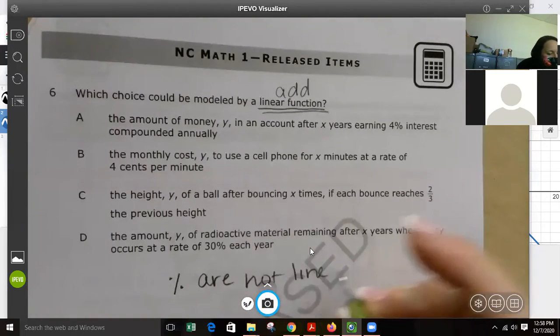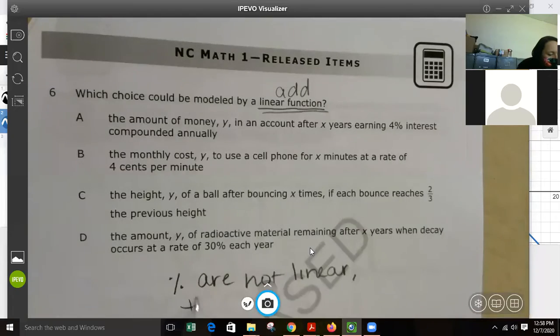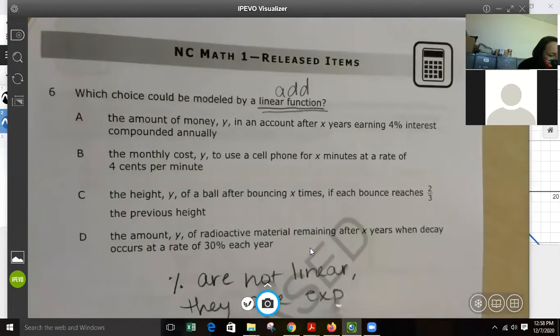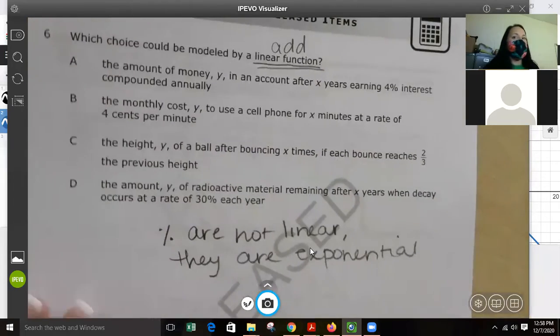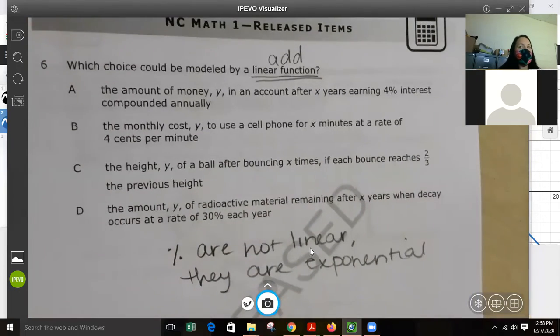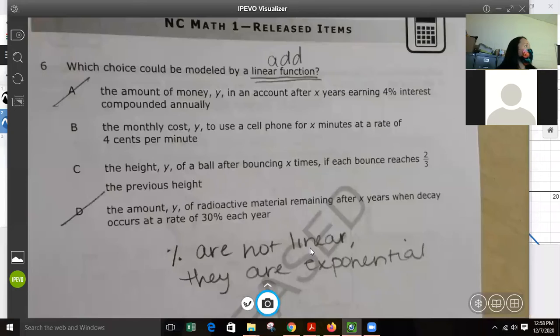They are exponential. Okay, percents are exponential. So if I look at this, how many percents do you see? We can mark them off. Those are exponential. So then we can look at B and C.